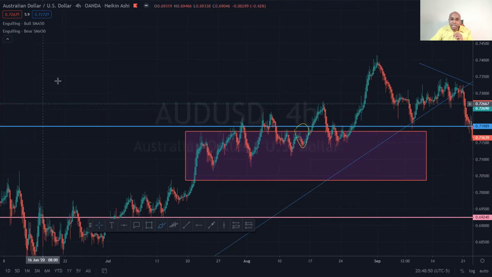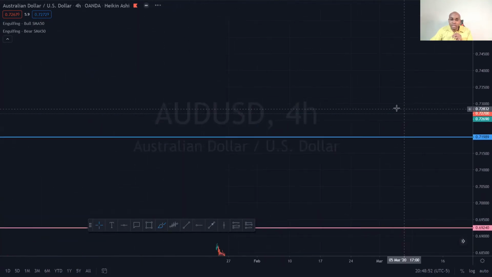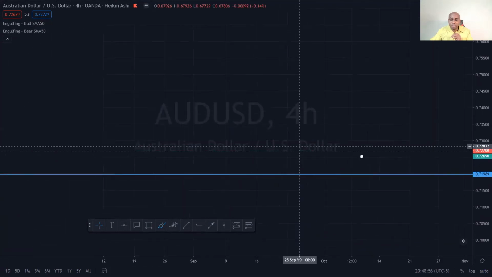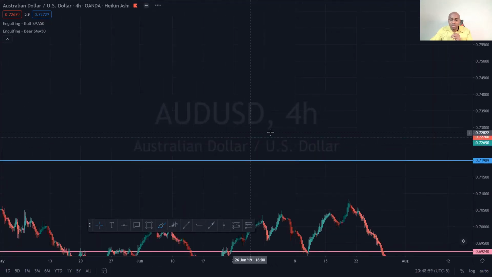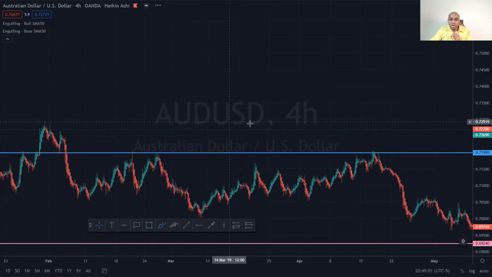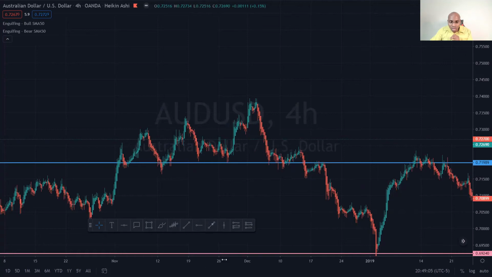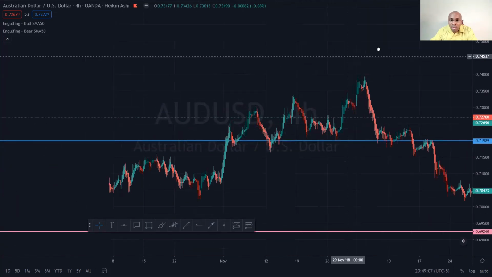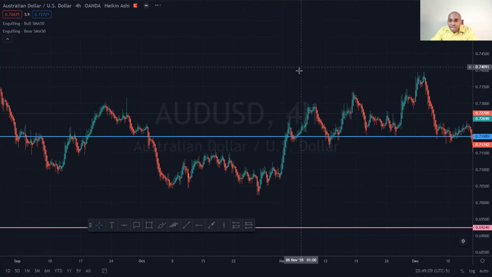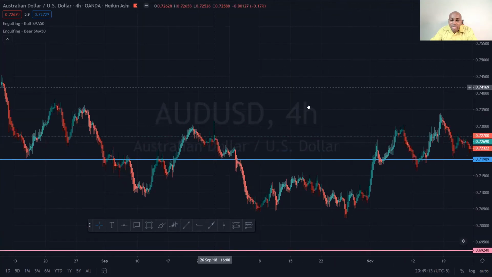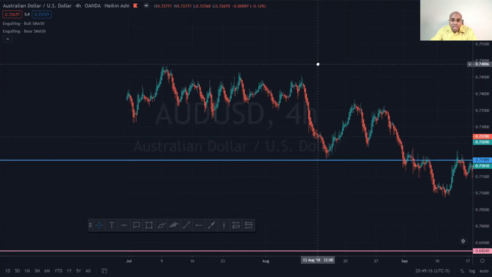If you look left, let's look left on this AUD USD. Let's go all the way left, right? How far are we going back? All right, it's all the way, like, what's that, December. Price has been high above this key level right here, right? See that?